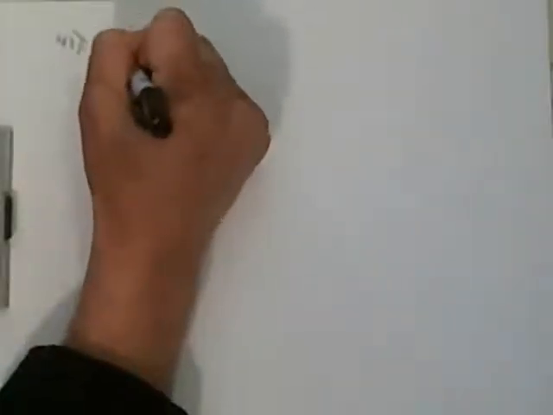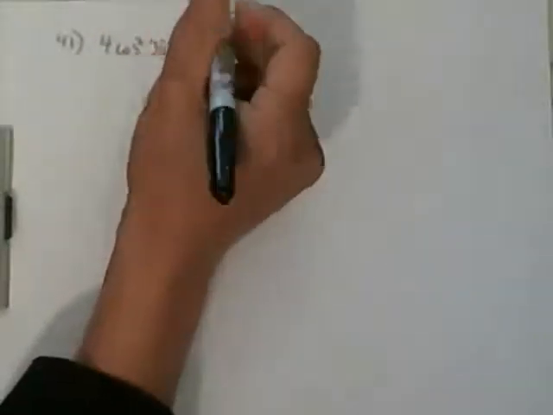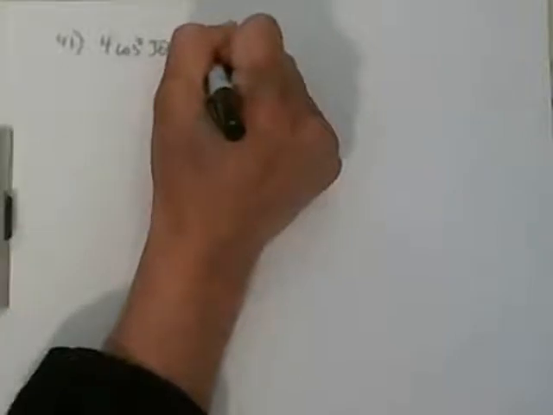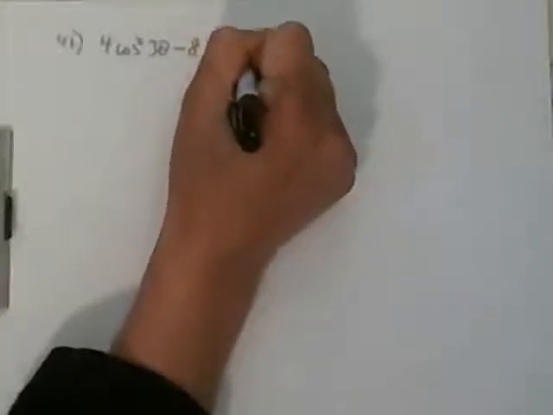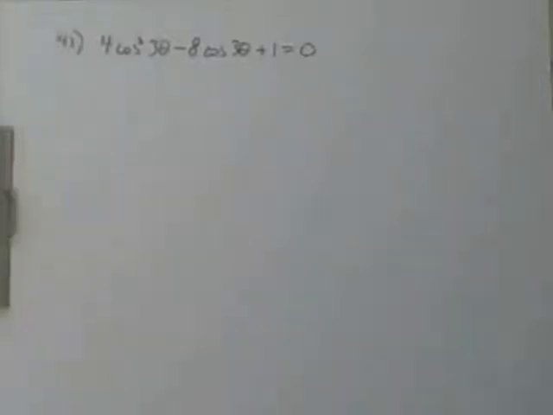Cosine squared of 3 theta minus 8 cosine of 3 theta plus 1 is equal to 0. Looking at this problem, it's a little bit tricky.